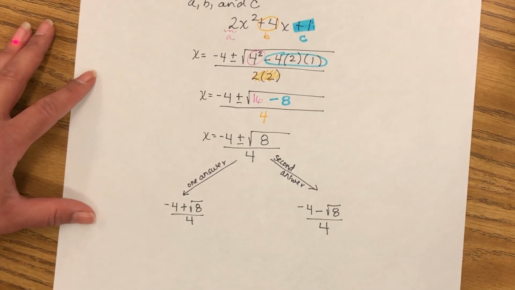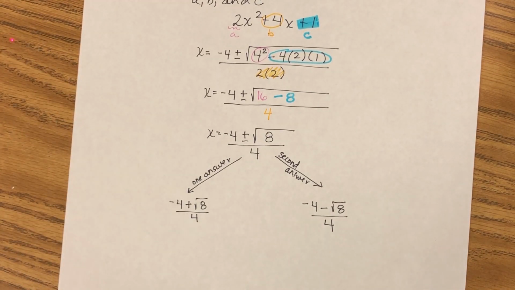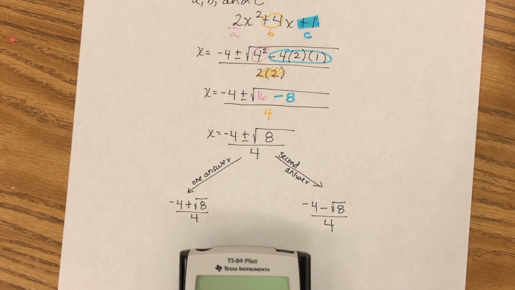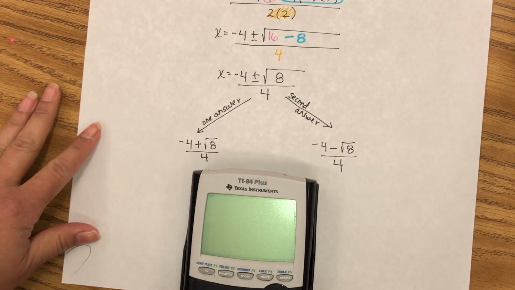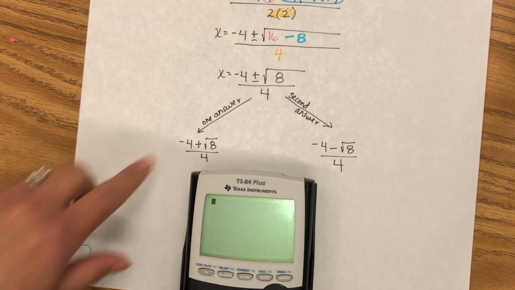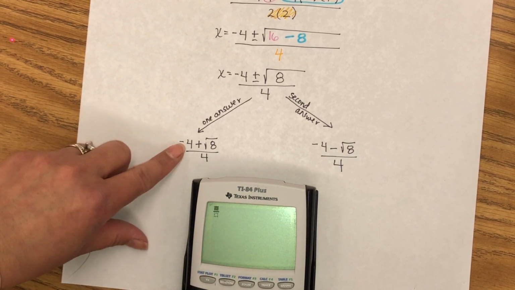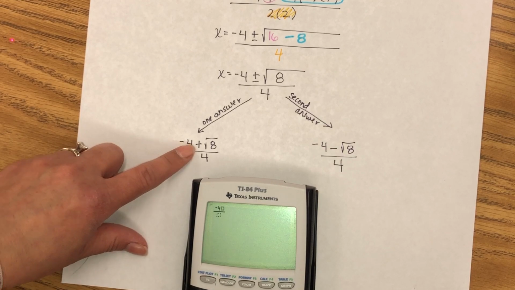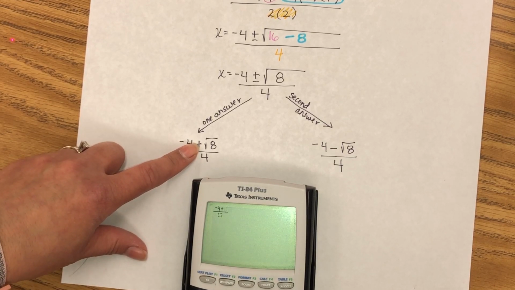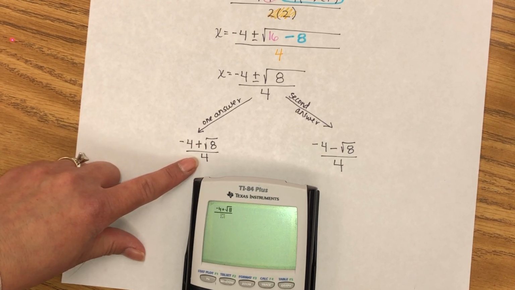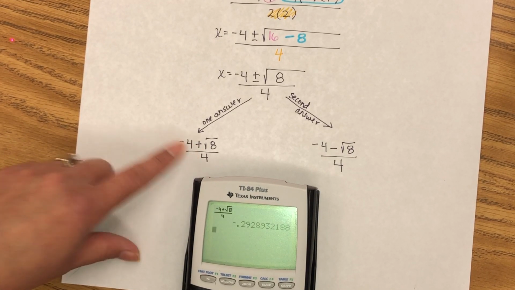Now, if you really want to picture this quadratic and where more or less it's crossing the x-axis, we can take our calculator. This is a fraction, so I'm going to do alpha y equals enter. I'm going to put negative 4 plus second square root of 8 over 4. Enter.